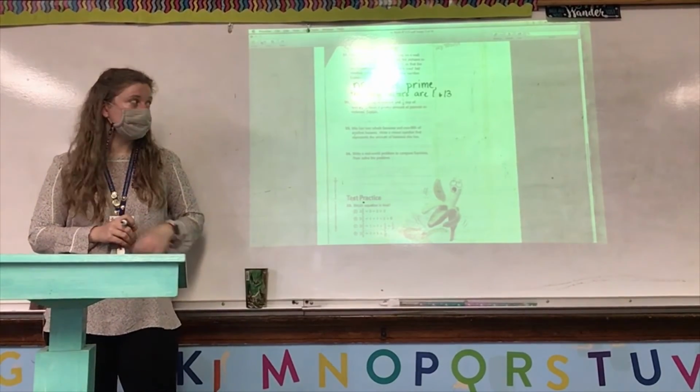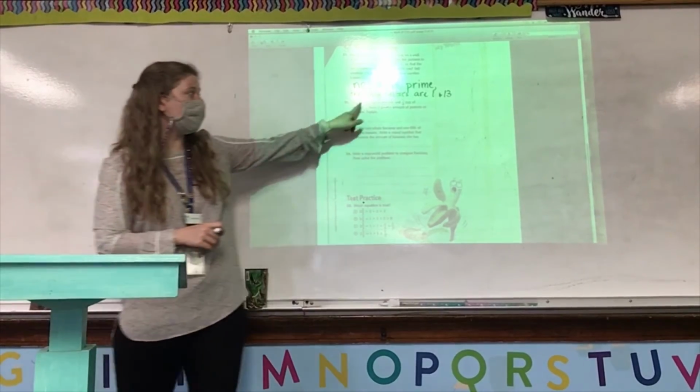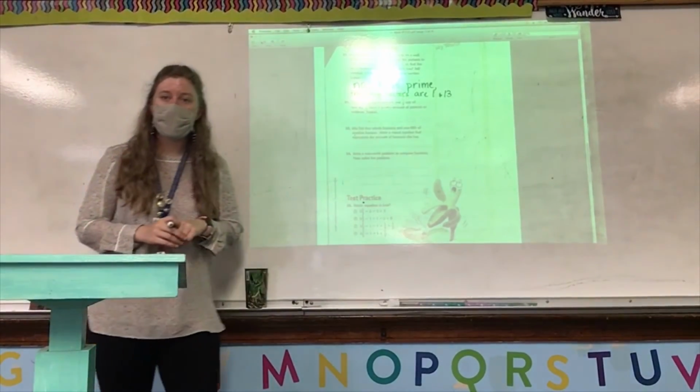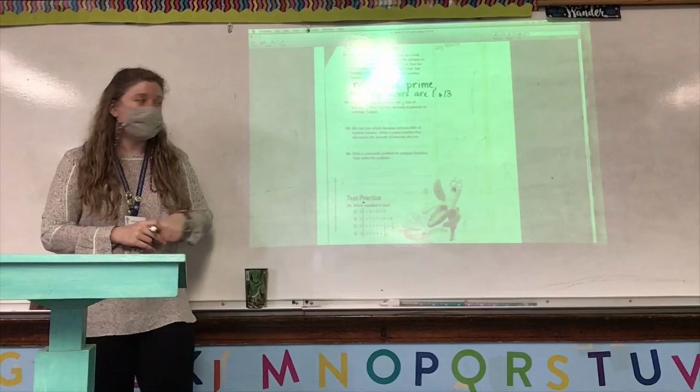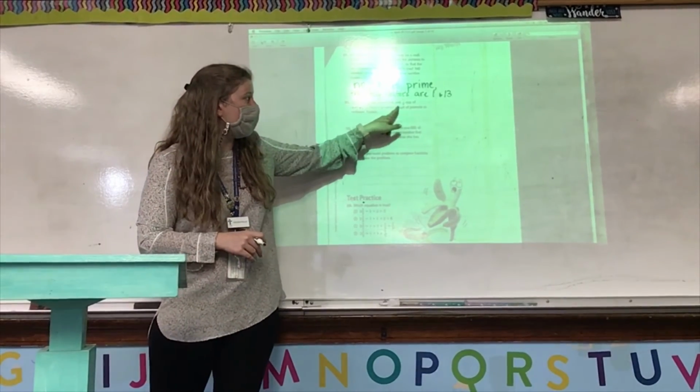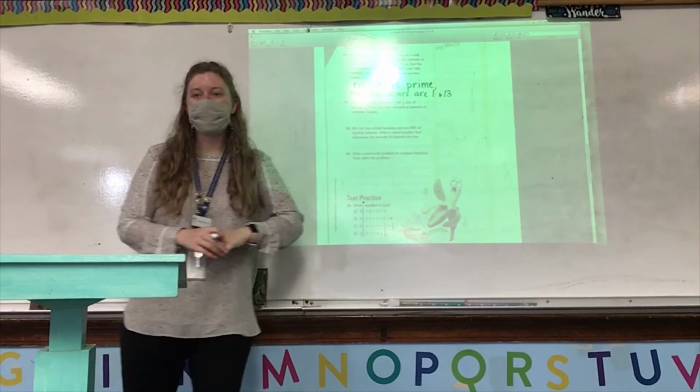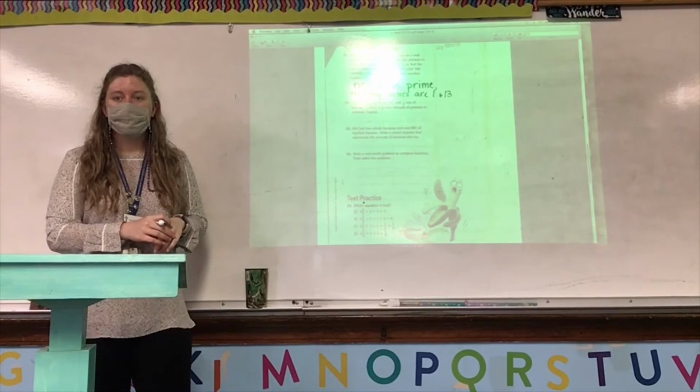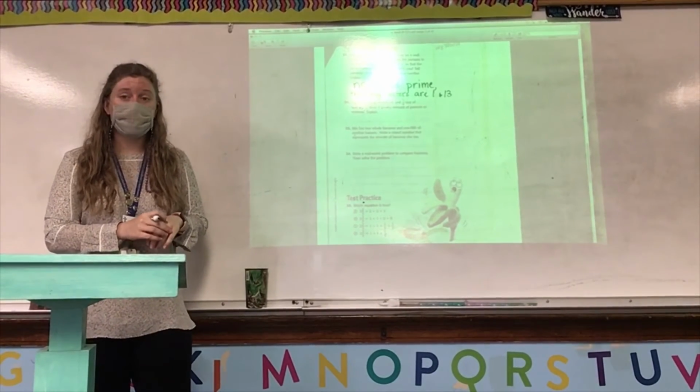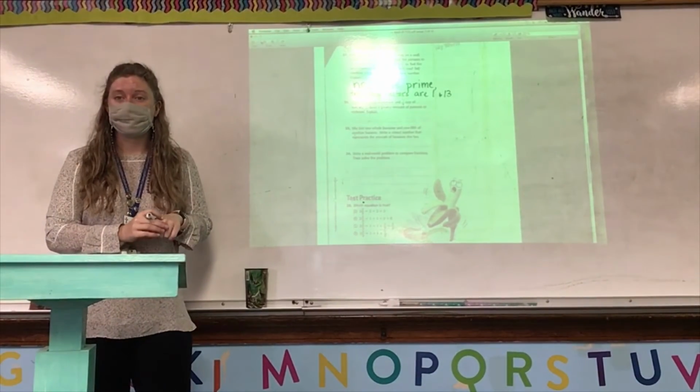Equivalent fractions. Are we just trying to figure out if these are equivalent? Does it say, is the amount of peanuts and walnuts equivalent? No. So are we using equivalent fractions lesson?